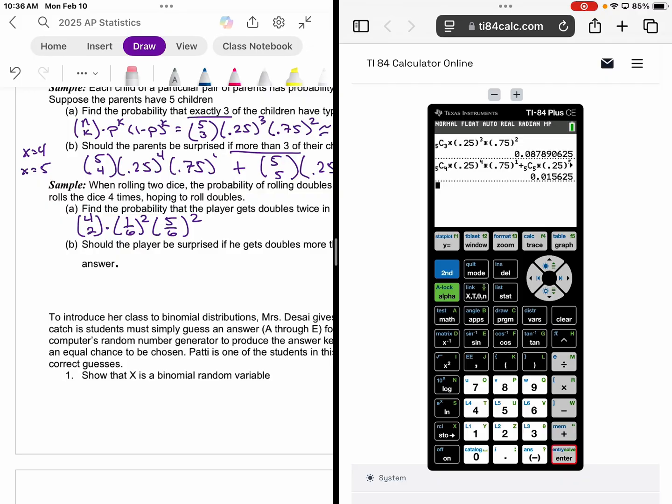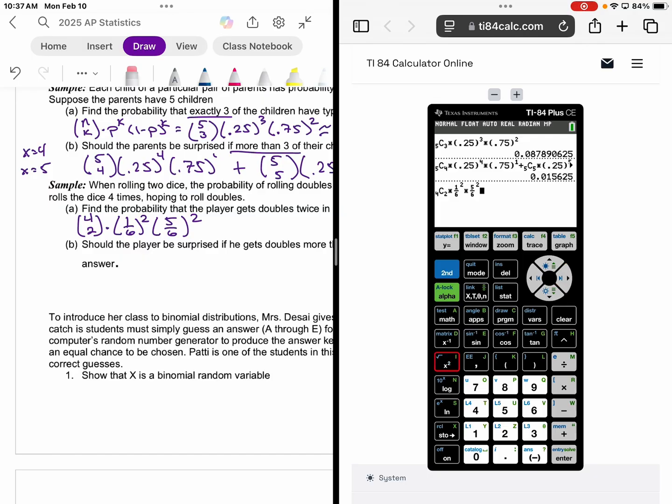So I'm going to go math, probability, nCr, and then I'm just going to go 4, 2, times, and then alpha y, alpha y equals 1/6, and then I'm going to square that, and then I'm going to times alpha y equals 5/6, and square it.